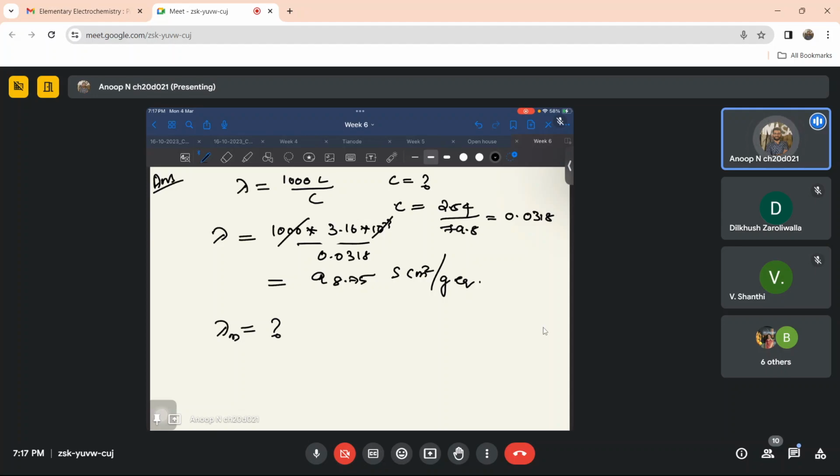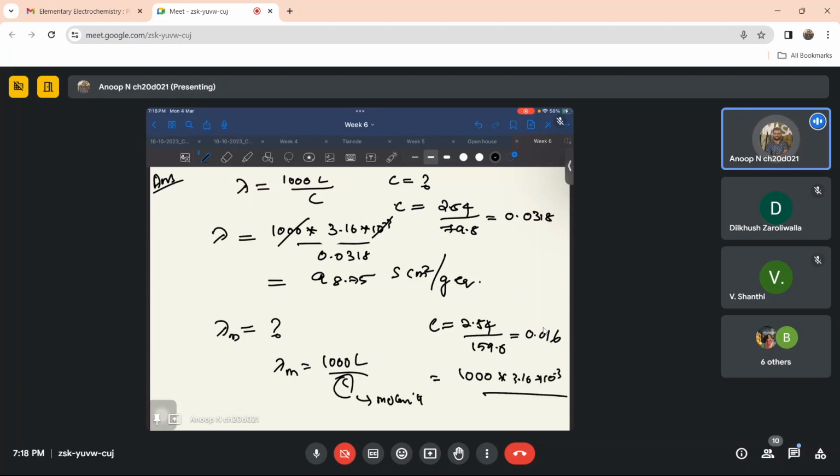Here the concentration is in terms of molarity, so we can write 2.54 divided by 159.6, which is nothing but 0.016. So the same equation, lambda m is equal to 1000 L by C. Here C will be in terms of molarity. So it will be 1000 into 3.16 into 10 raised to minus 3 divided by 0.016.